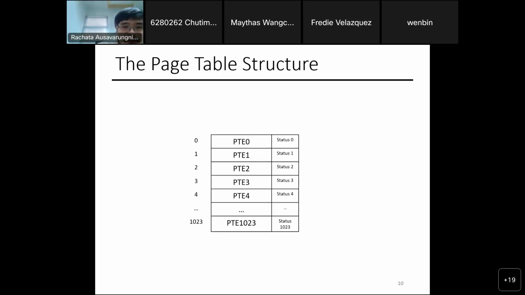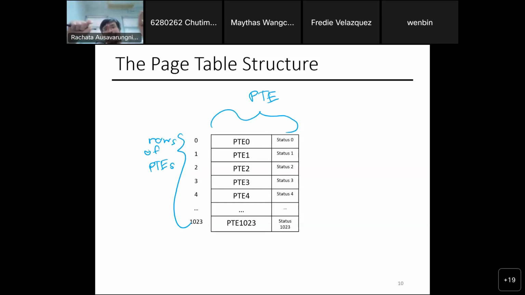You have the row over here, a row of PTEs, page table entries, right? So basically a bunch of page table entries. So this whole thing is a PTE actually. One bug on my slides here is PTE 0 is actually the entire row, but part of the PTE is a status bit.